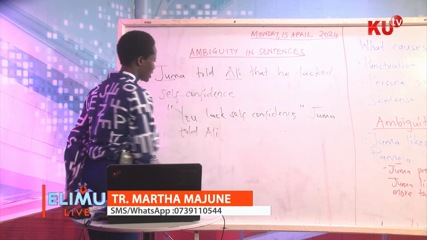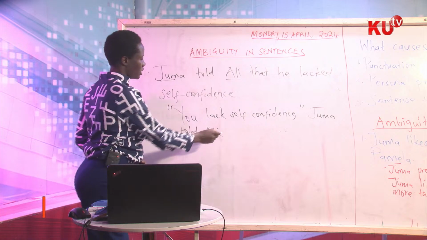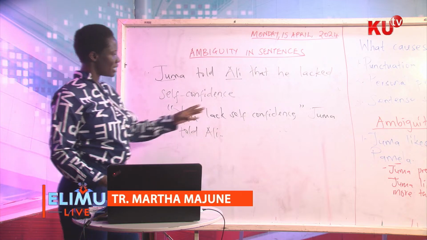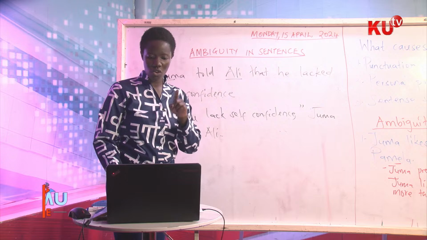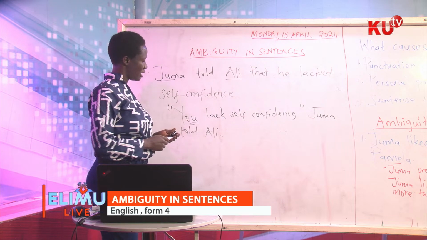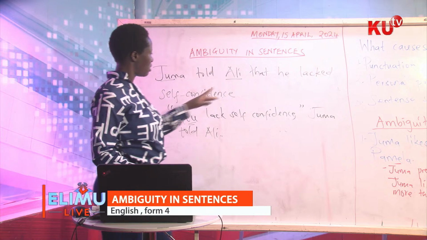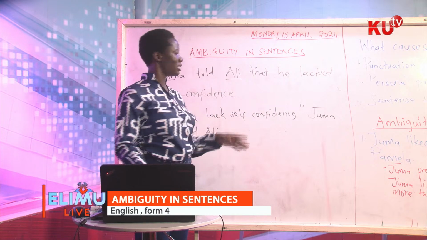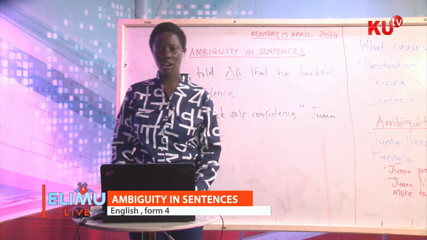So this is a direct speech. Juma is talking to Ali and Juma is telling Ali, you lack self-confidence. So you in this case refers to Ali. So Juma tells Ali that it is Ali who lacks self-confidence.